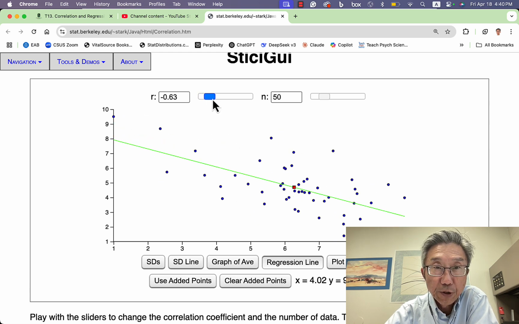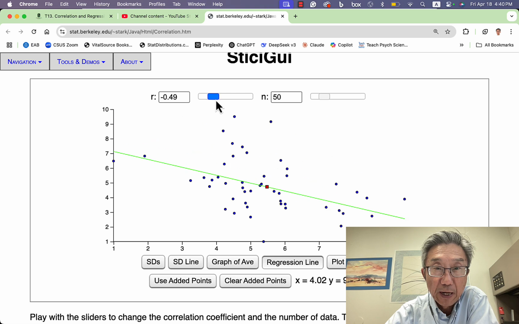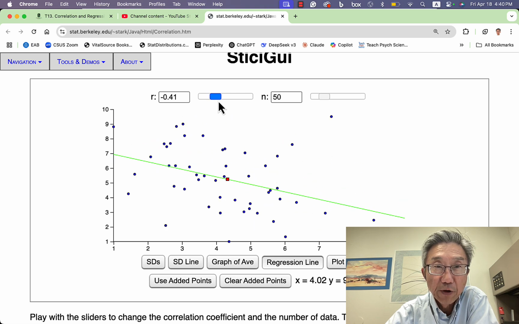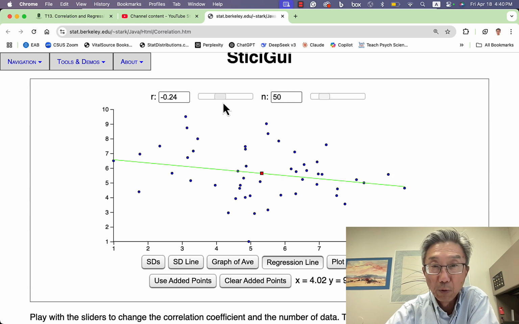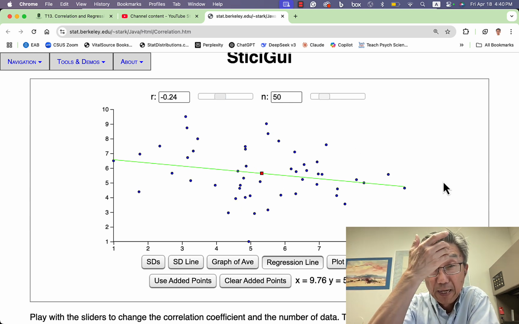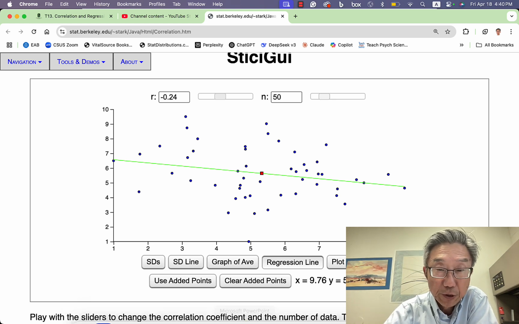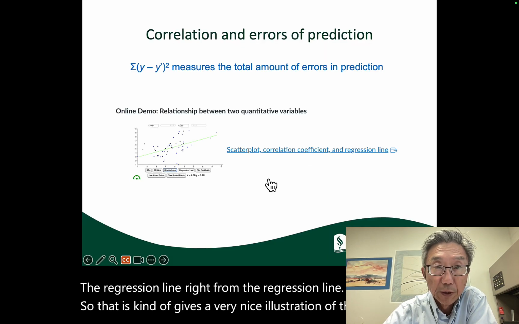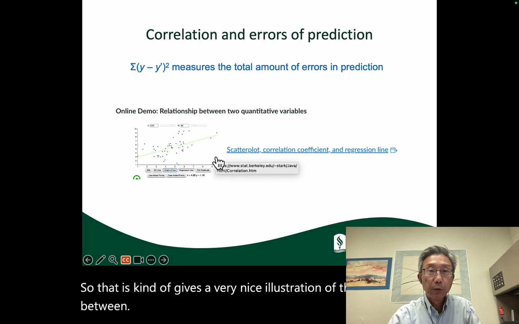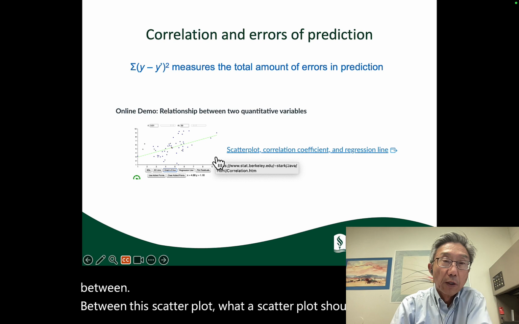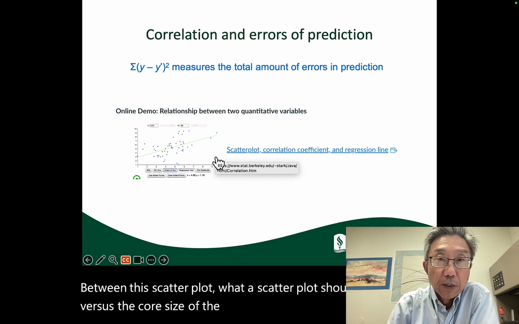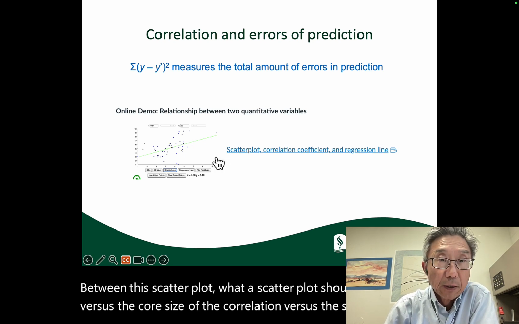As the correlation gets smaller, the dots move further and further apart from the regression line. So that gives a very nice illustration of the relationship between what a scatter plot should look like, the size of the correlation, and the size of error in the prediction.